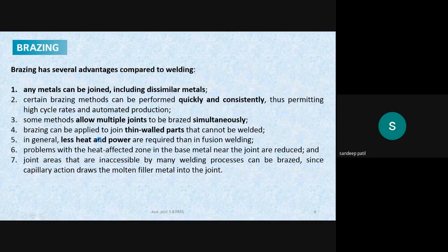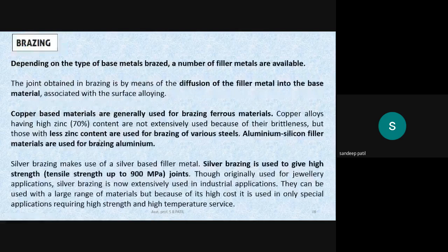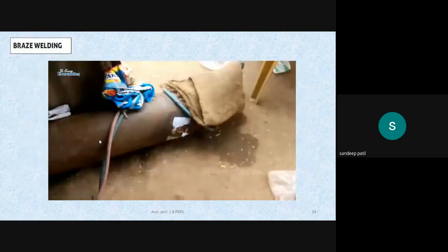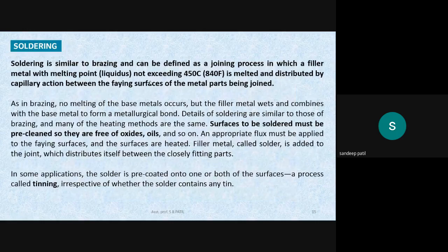So what is the basic difference between brazing or braze welding and the soldering process? Here you can see by definition that in soldering, the filler metal has a melting point, that is liquidus, not exceeding 450 degrees Celsius.